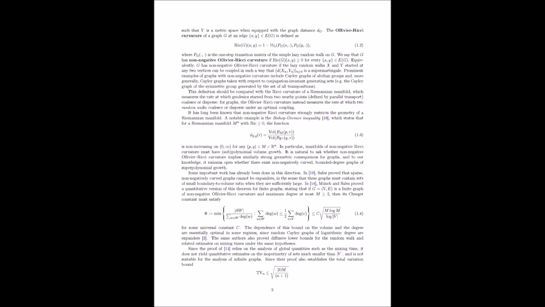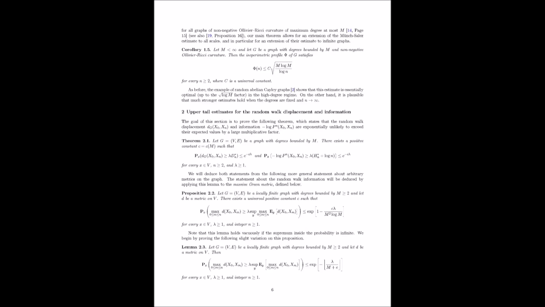It's almost like the paper's throwing down the gauntlet. It's saying, hey, here are these powerful constraints on the geometry of these graphs. Think you can find one that breaks free? Good luck. It's a call to action for mathematicians to really push the boundaries of our understanding of these intricate relationships between curvature, growth and isoperimetry in graphs.